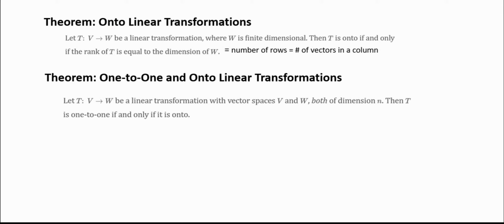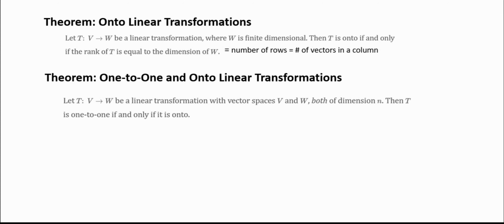So this theorem is helpful in being able to pinpoint exactly what they're talking about in terms of onto when it comes to systems of equations. Let T map vectors from V into W be a linear transformation where W is finite dimensional. That is, W contains vectors that are countable. You can count them all.